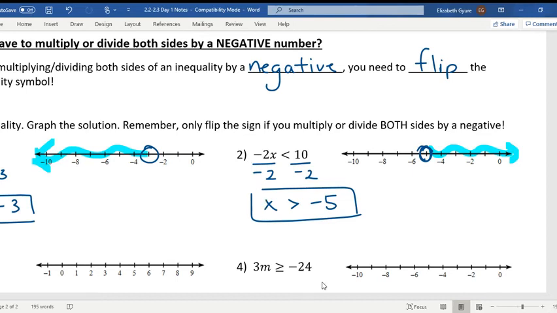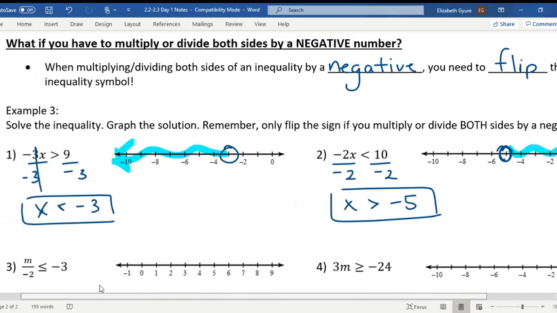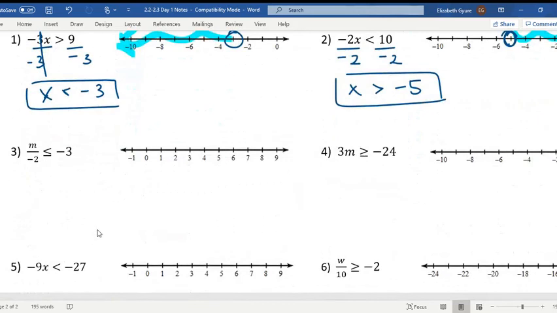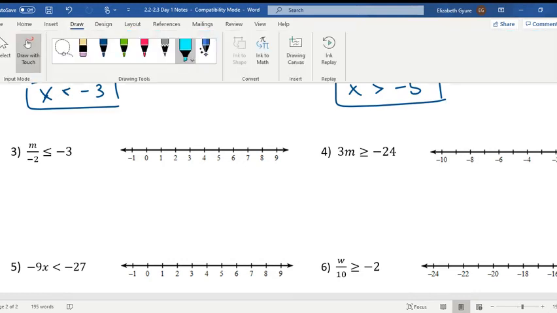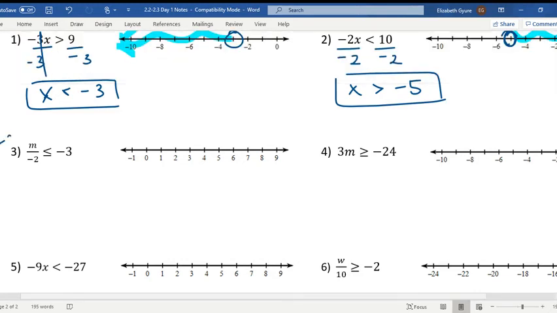All right. So now let's take a look at number 3. We have m divided by -2 is less than or equal to -3. What opposite operation do I need to do to get rid of dividing by -2? Multiply by -2. Good. My -2's will cancel out on the left, and I'll have m.